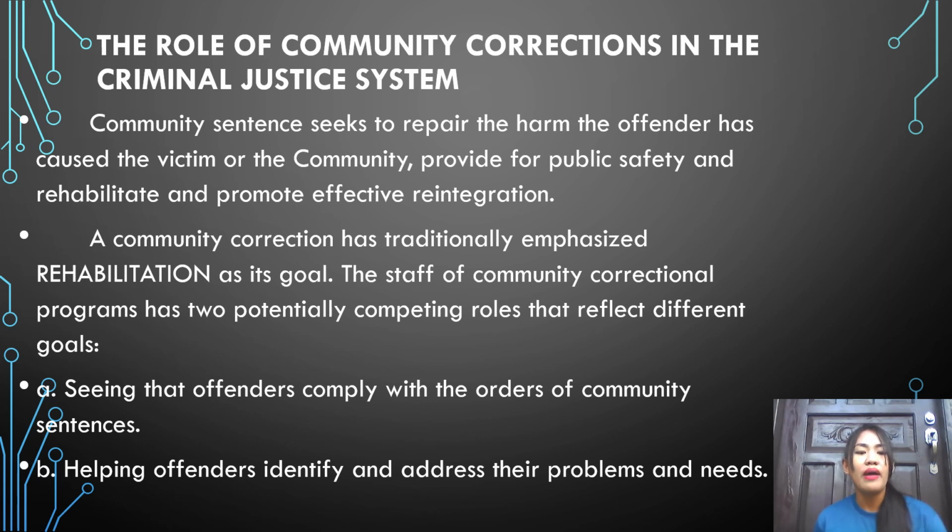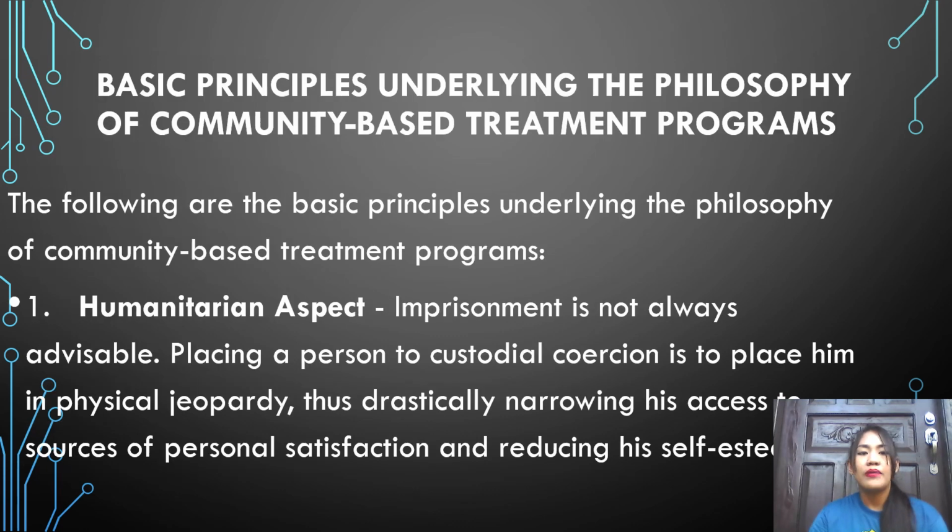And number two, helping offenders identify and address their problems and needs. Okay? And lastly, our topic for chapter 1 is the basic principles underlying the philosophy of community-based treatment programs. So we have three principles. So the following are the basic principles underlying the philosophy of community-based treatment programs.